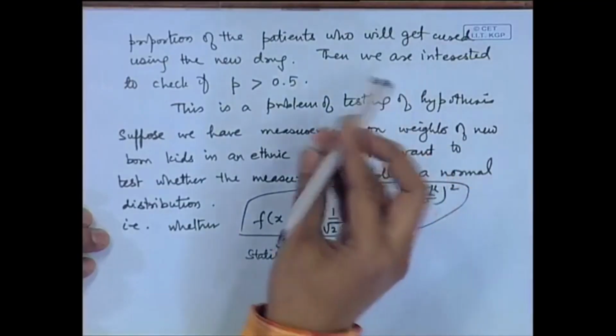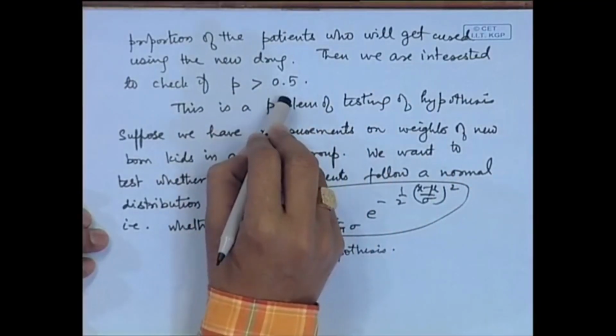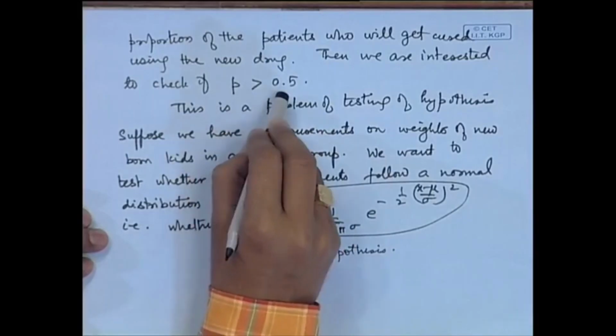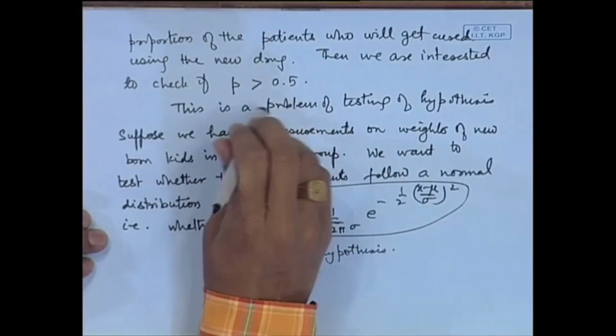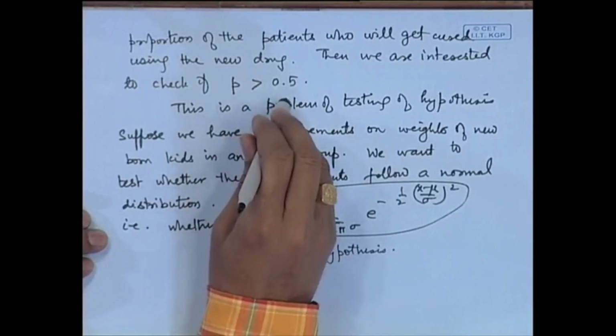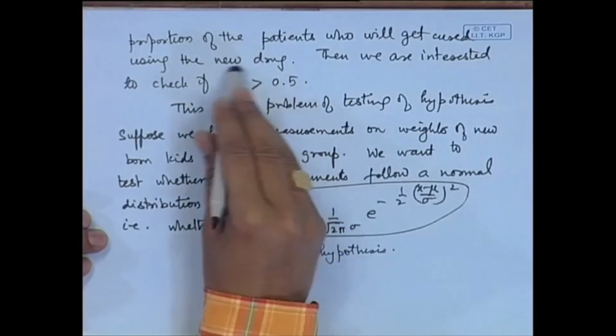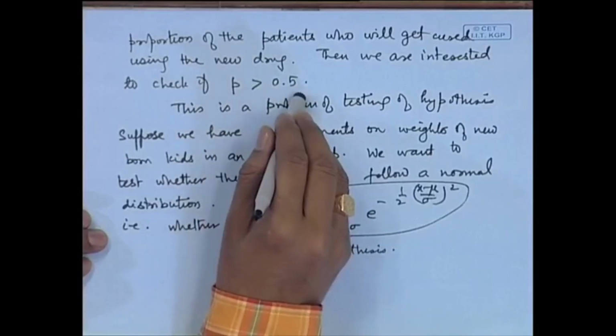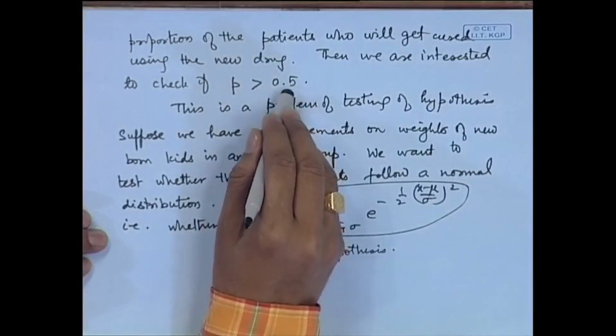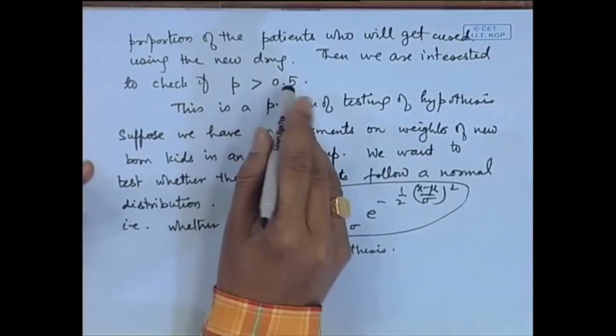Now, in the context of this, when we have to devise a rule, we are not concerned only about the given hypothesis. If this hypothesis is not tenable, we have to specify what else is tenable. If I say that p is greater than 0.5 is not acceptable, then what else is acceptable or plausible?